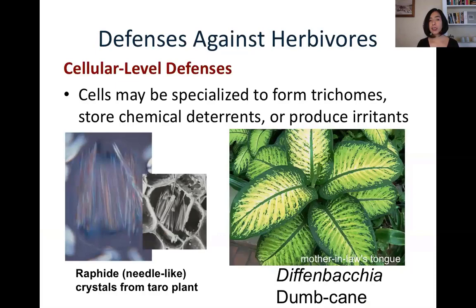Another type of defense are the cellular level defenses, and this is when the plant produces crystals inside the cell. These are called raphides, which are needle-like crystals, and you can find them in plants such as Dieffenbachia, also called dumb cane or mother-in-law's tongue.